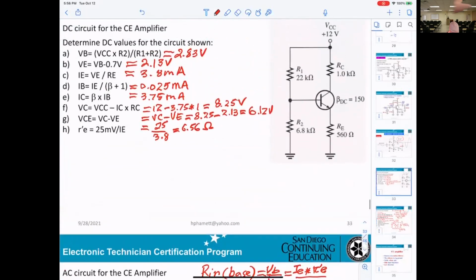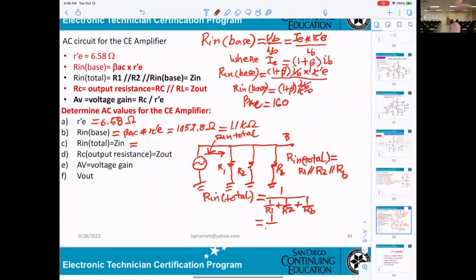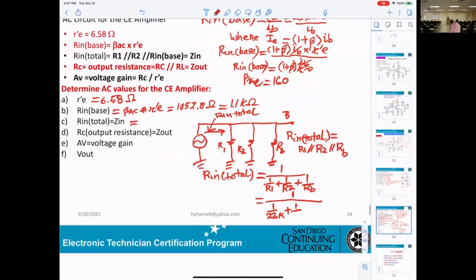Let's see, R1 is 22K, R2 is 6.8K. Okay, 22K, 1/6.8K, 1/1.1K.